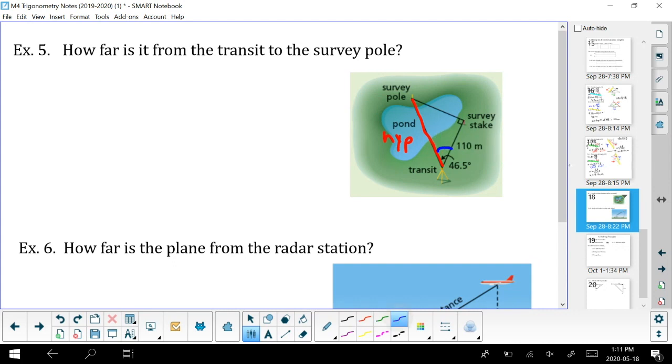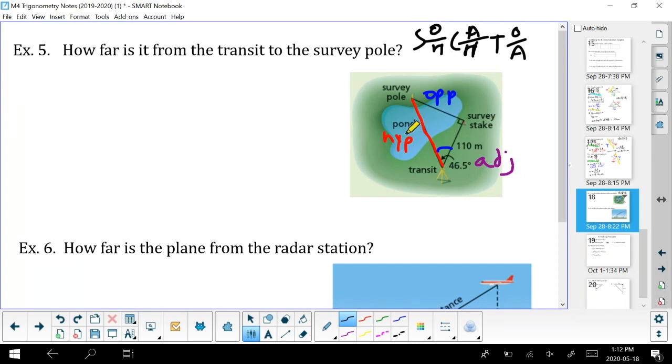We know that directly across from your reference angle here in the corner is going to be your opposite side. And the 110 here ends up being your adjacent side. So again, with your trig ratios, so ka, toa, how do we know which one to use?